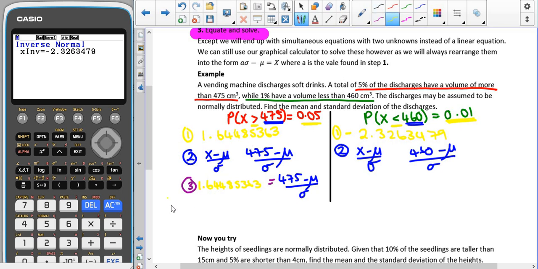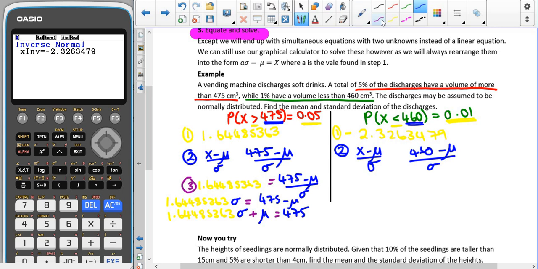So that's going to give us 1.6448533 sigma equals 475 minus mu. And then we're always going to add on the mu. So that's going to give us 1.6448533 sigma plus mu equals 475.